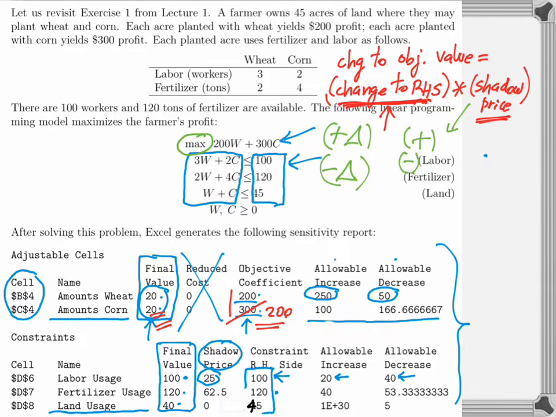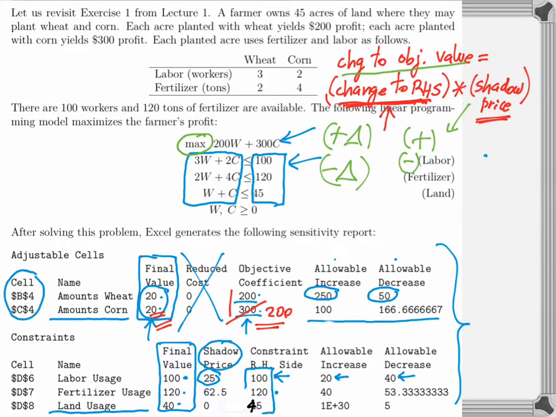Let's look at these possibilities. If I am maximizing, I like changes that drive my objective value up, right? Well, when is that going to happen? Well, if the change I am making to a right-hand side number is positive, and the shadow price of that constraint is also positive, the change to the objective is going to be the product of a positive change with a positive shadow price, which results in a positive number.